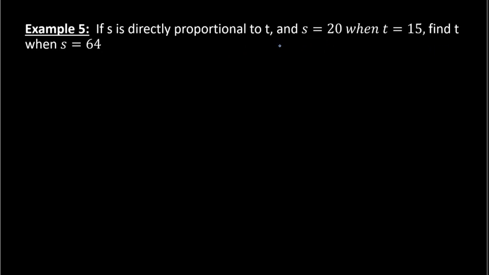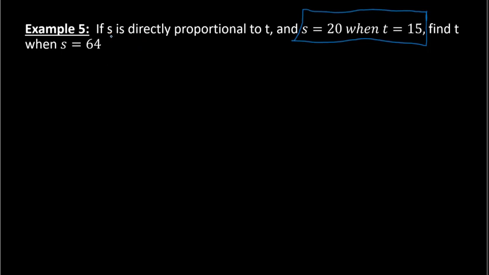What I have here are two different scenarios. S is 20 when t is 15. We're going to use this scenario 1 to figure out our constant, what the relationship is between these two values. Once we find that, we're going to use that constant to solve for scenario 2, where it says find t when s is 64.